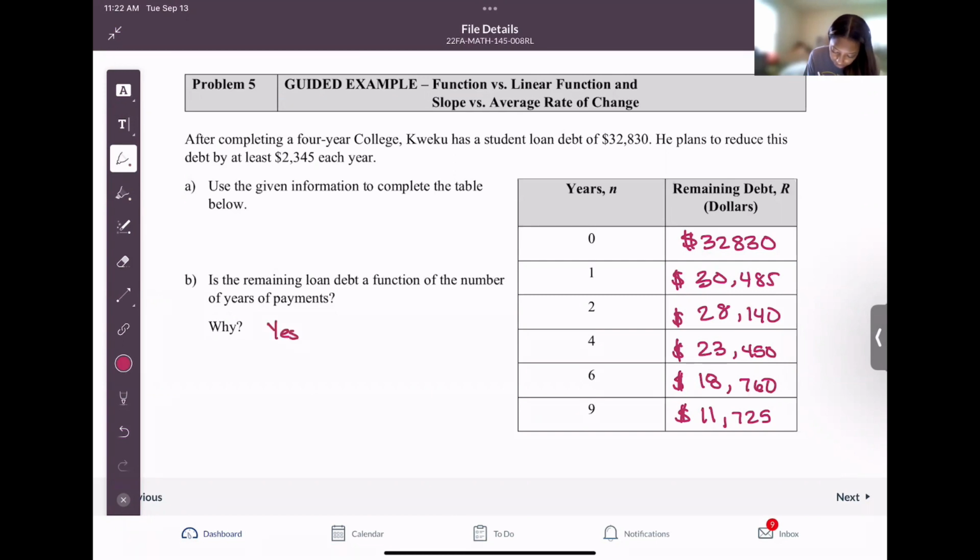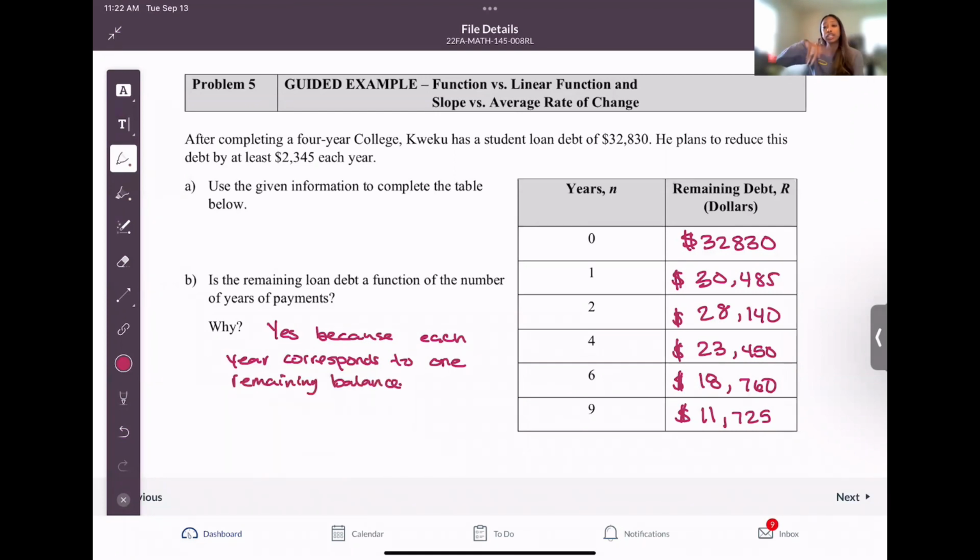So yes, because each year corresponds to one remaining balance. That's the definition of a function. Each input goes to one output.